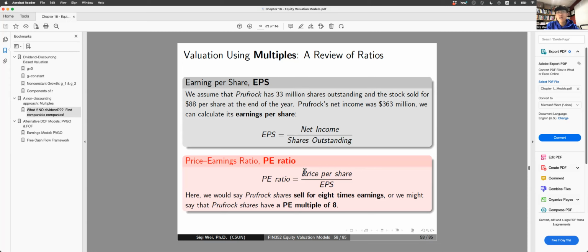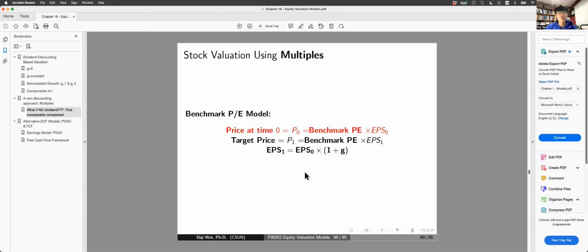A high PE ratio could be driven by a high price per share or an extremely low EPS, right? So we really need to get a big picture as opposed to simply focusing on one single measurement. Having said that, this is still an important measurement because it's meaningful for our computation, okay?